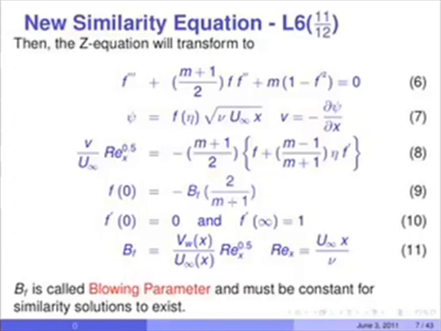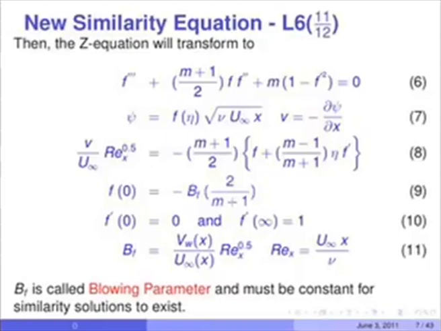F dash 0 is 0 already, as you know, from the no slip condition. So, essentially f(0) becomes v w divided by u infinity by x Re x to the half, which is the f w, called the blowing parameter, where Re x is u infinity x by nu.